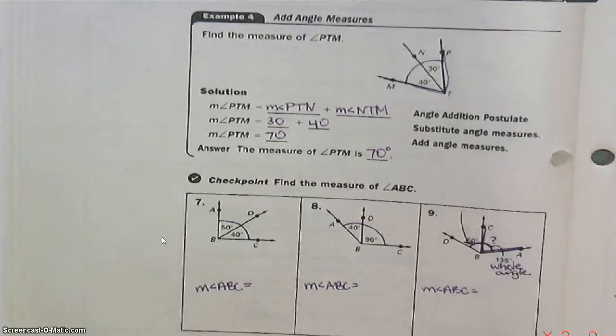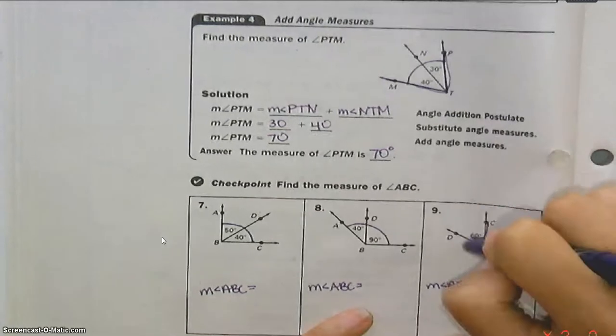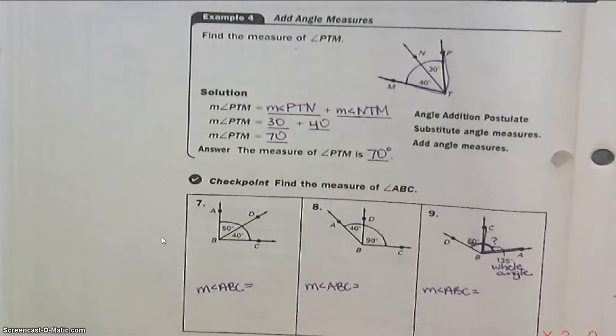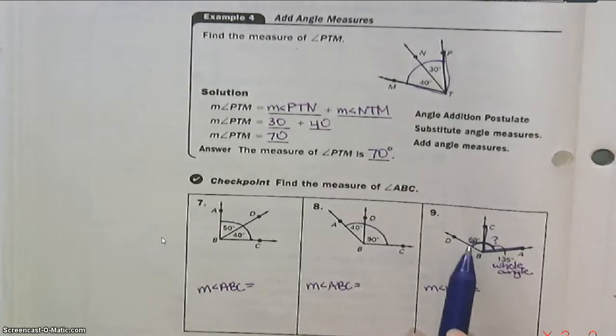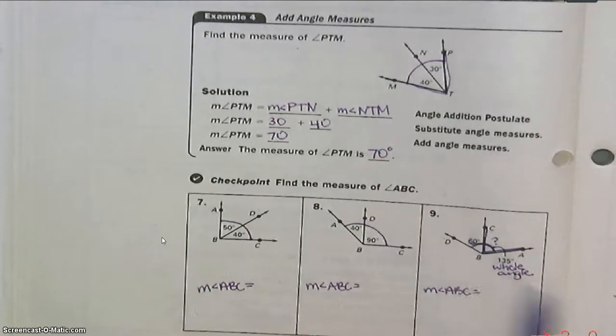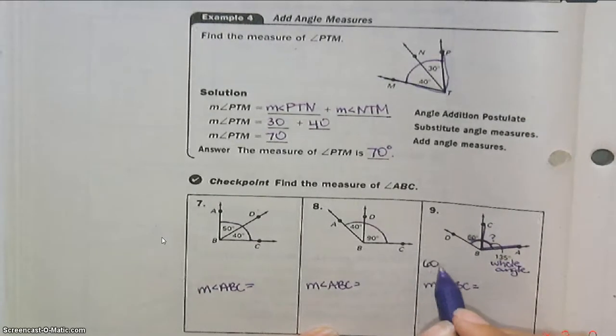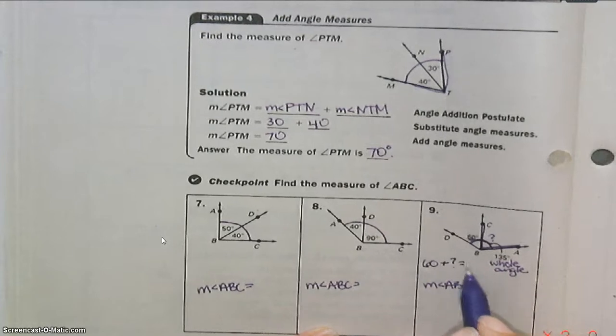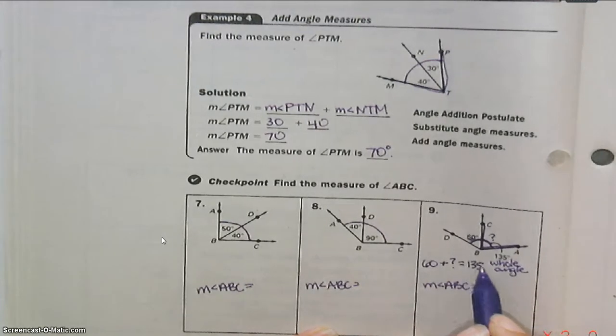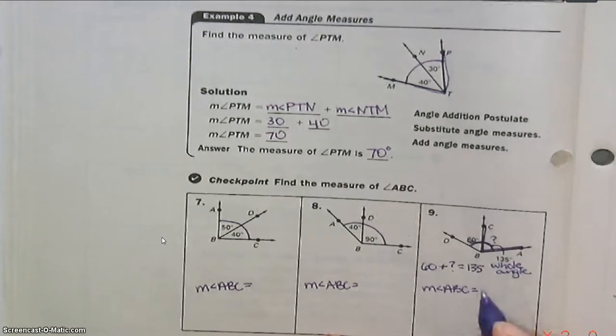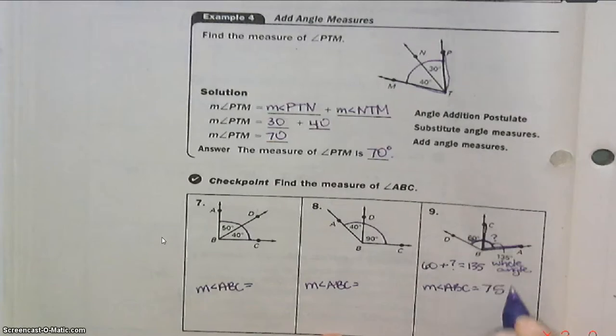That whole angle. I guess we don't really need this mark right here. We already have an arrow. That whole angle is 135. This side is 60. So 60 plus what is 135? That is going to be 75.